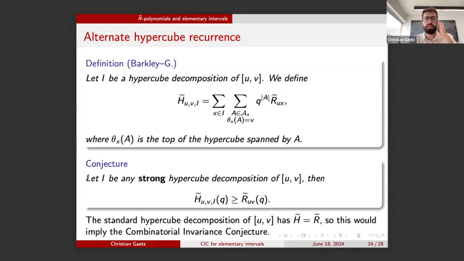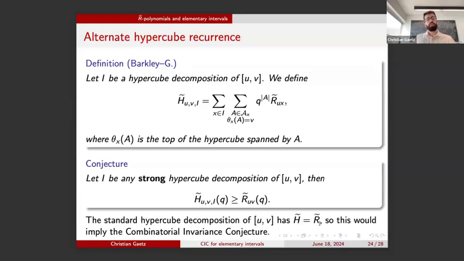Our conjecture is that for any hypercube decomposition with an additional technical assumption, which doesn't affect too much, the strongness here, then coefficient-wise, we conjecture that h tilde is at least as big as r tilde. Furthermore, we prove that for the standard hypercube decomposition, you have h tilde equals r tilde.